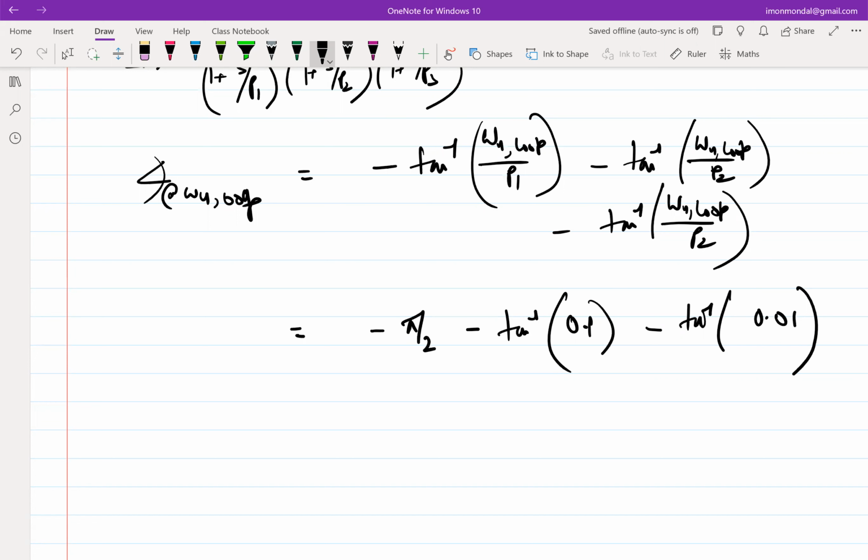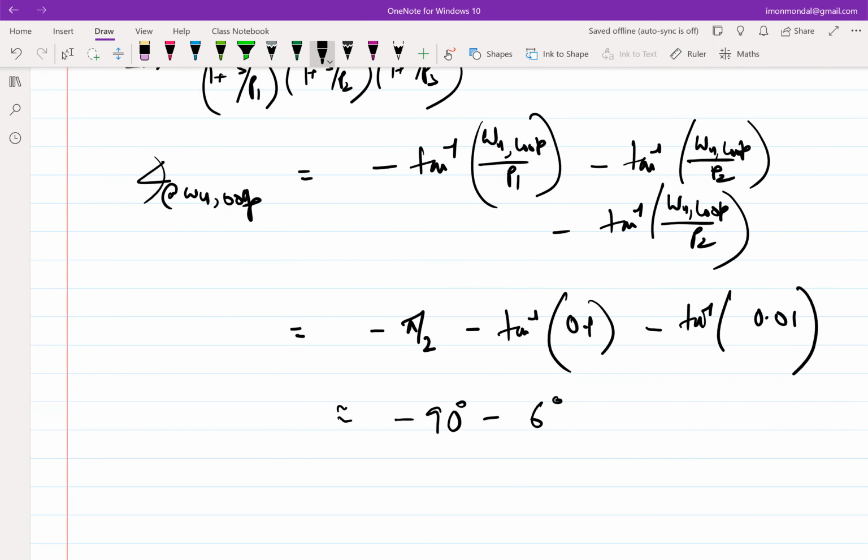In degrees, 0.1 is 5.7, approximately 6. So this is minus 90 minus 6 degrees.